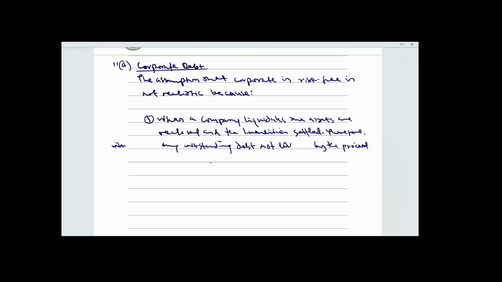Let me even rewrite this, it's not clear at all. Any outstanding debts not covered by the proceeds will be forfeited.